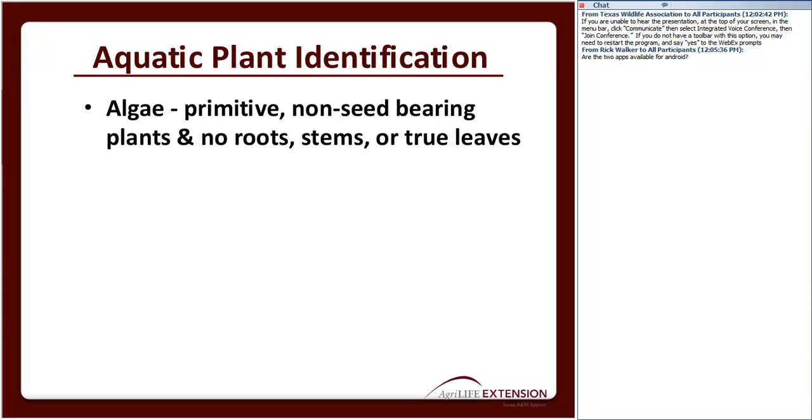But the important thing to remember is if you reach down and pull it up, it will not have any roots. Many of them also look like they're branched with leaves. However, in those cases, if you simply take one of those leaflets and roll it between your fingers while applying pressure, it will pop, because it's not a true leaf, it's just a group of enlarged cells.